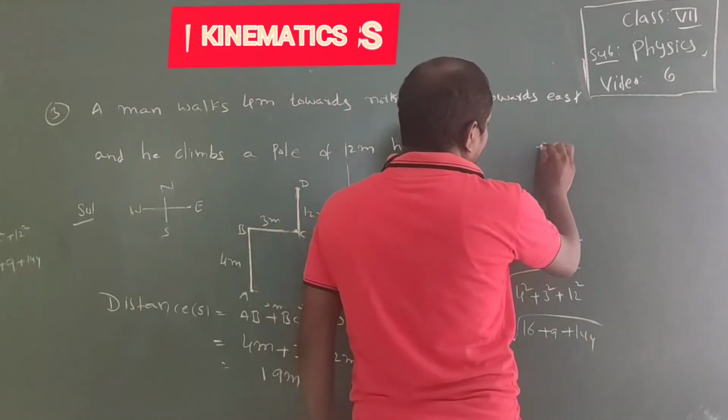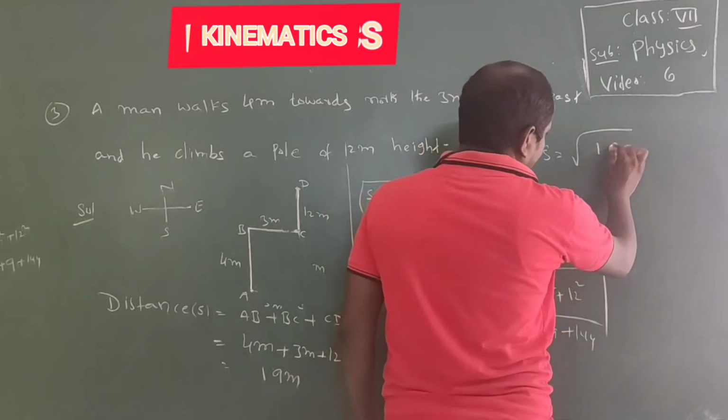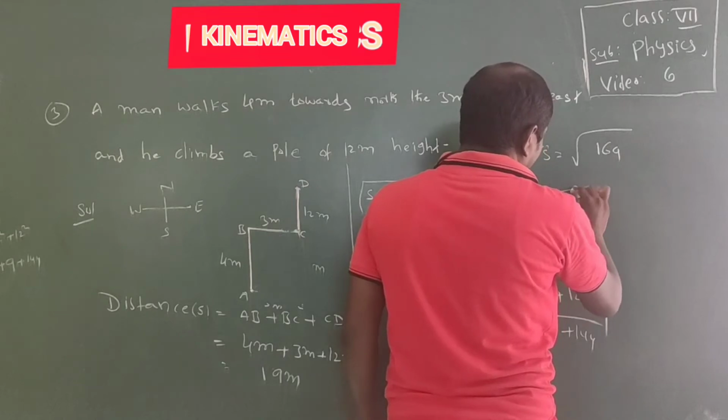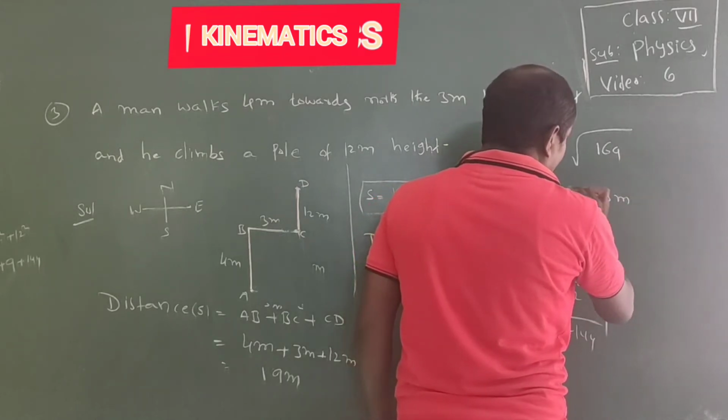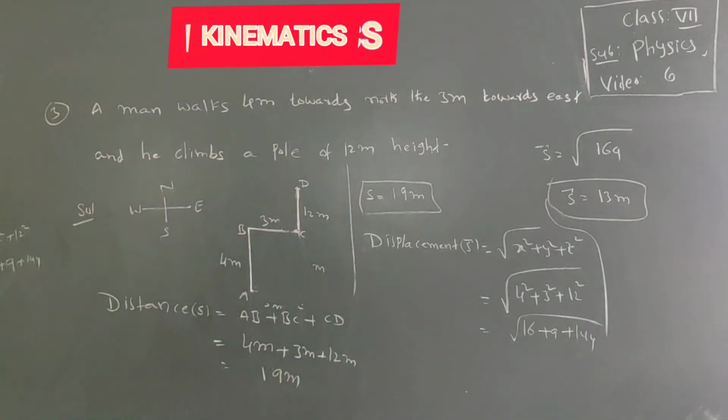So S bar equals root of 169, S bar equals 13 meters. So your displacement equals 13 meters.